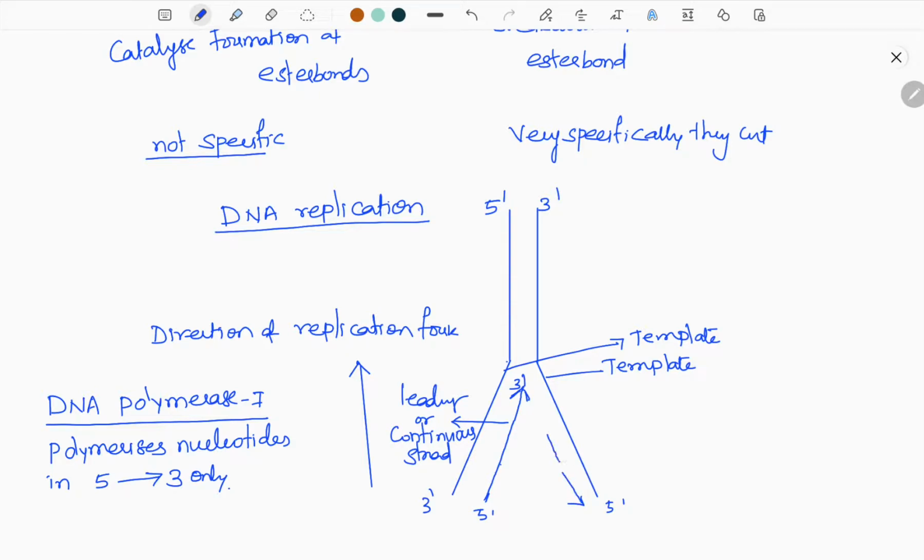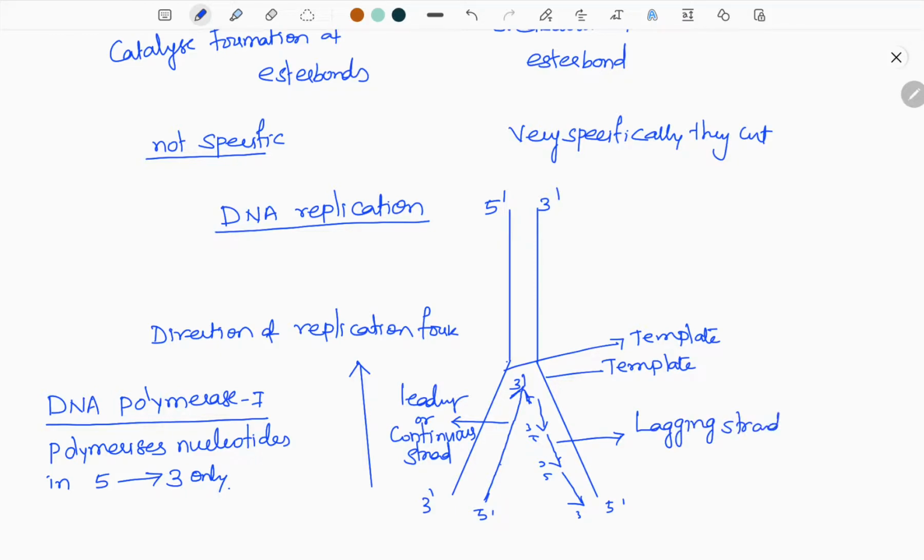The second strand is formed here in the 5 to 3 direction. The third strand is formed here in the 5 to 3 direction. So you can assume this is the five prime end, three prime end, five prime end, three prime end, five prime end, and three prime end. These strands are formed discontinuously. They are not formed continuously. These strands are called Okazaki fragments, and it is called the lagging strand.